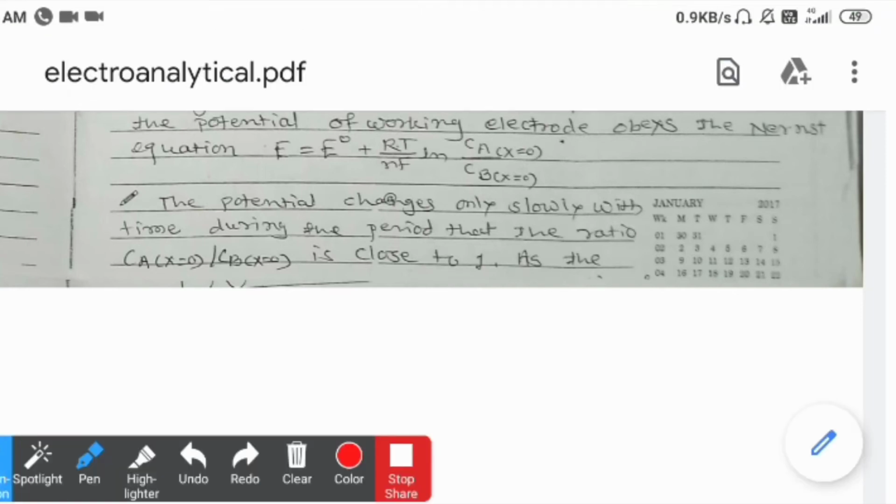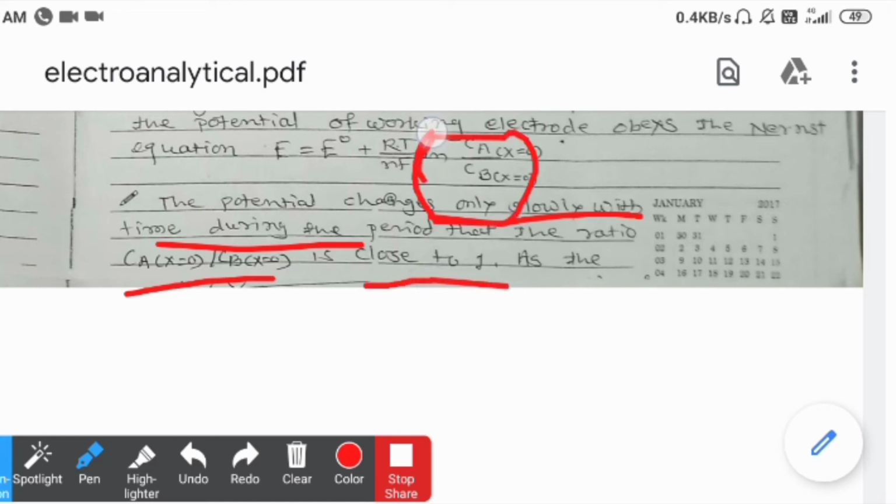When the ratio becomes close to 1, the log of it becomes 0, so E becomes E0, the standard EMF of that particular electrode.